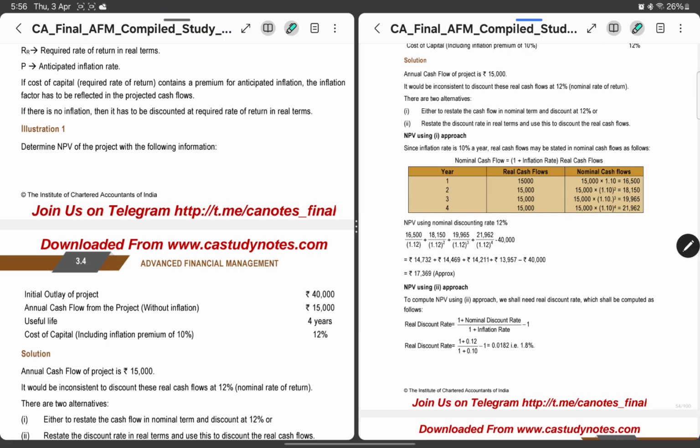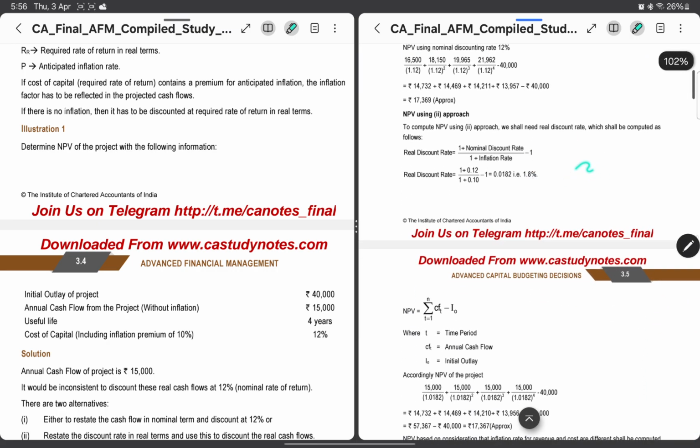In the second approach, we'll restate the discount rate in real terms. We'll take 1.12 divided by 1.10, minus 1, to get our real discount rate, which comes to about 1.8%.